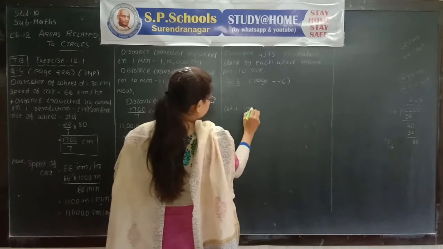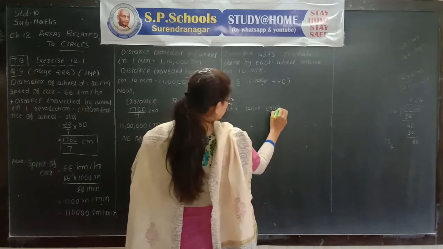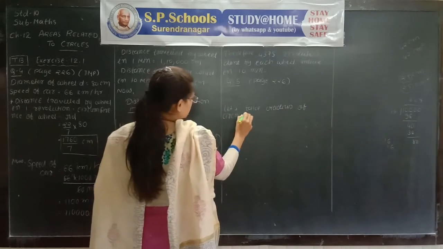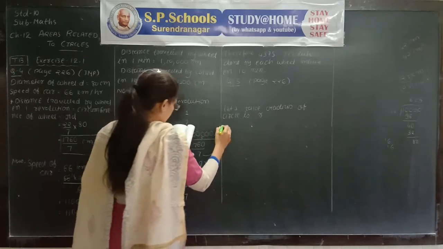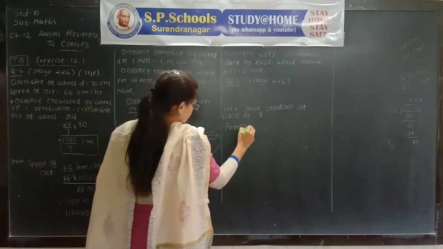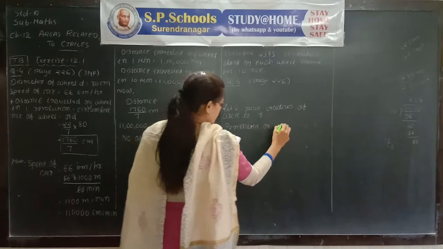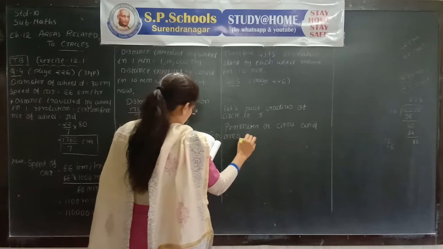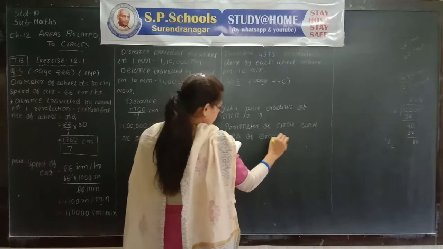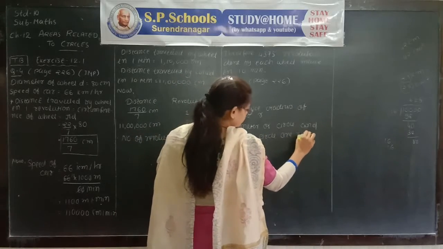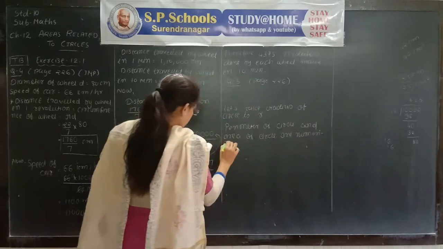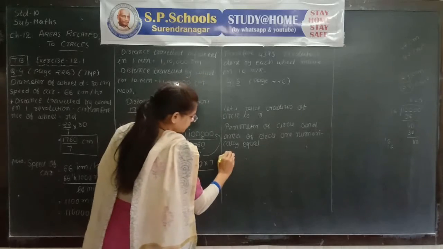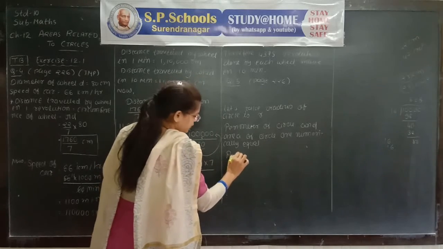Let the radius of the circle be r. The perimeter of the circle and the area of the circle are numerically equal, so compare them. Perimeter means the circumference.